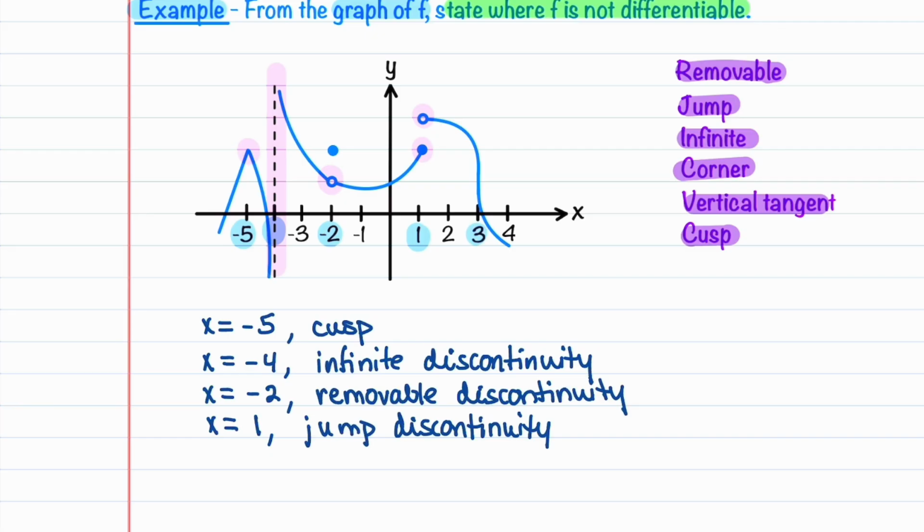And notice on our graph that we have a vertical tangent at that point. So at x is equal to 3, our function is continuous, but it is not differentiable. So we can say that we have a vertical tangent there. And that is why our function is not differentiable.